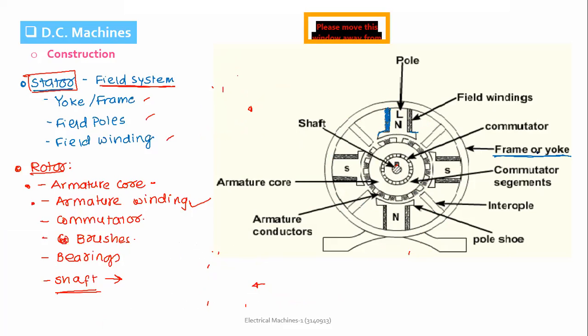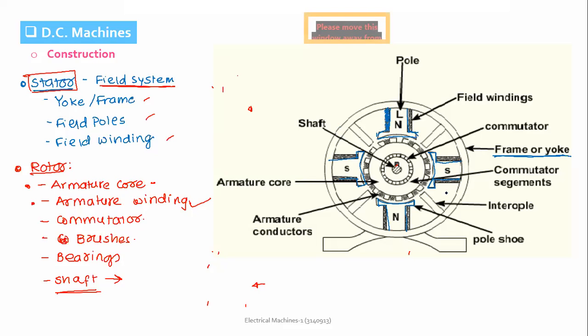What is the function of the yoke or frame? First is to protect the entire machine. Okay. Secondly, to house and support the poles. So field poles are generally, here it is a 4 pole, you can see. Okay. So field poles are generally bolted to the yoke or frame. You can see here a 4 pole machine.